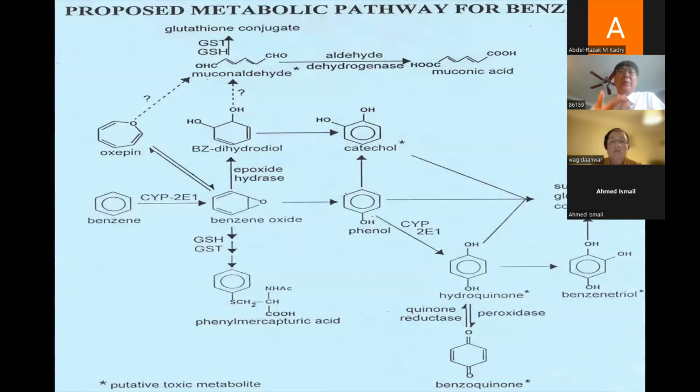So from this simple diagram, you can understand that if certain people are very active in metabolizing to activate the chemical, as compared to other people who are very active in detoxifying the chemical, these are genetically based metabolisms. They can be sensitive or resistant to exposure to benzene.